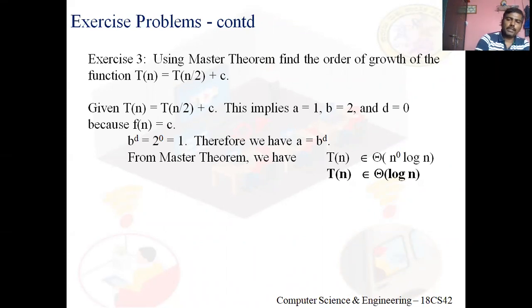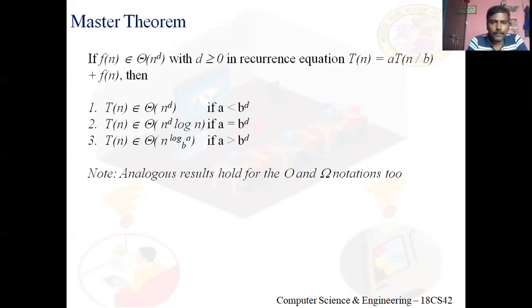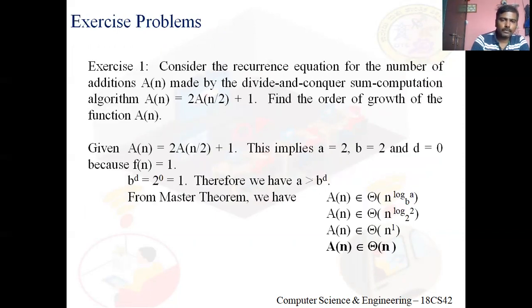So which case? A equals B power D means the second case. T of n belongs to big theta of n power d log n.